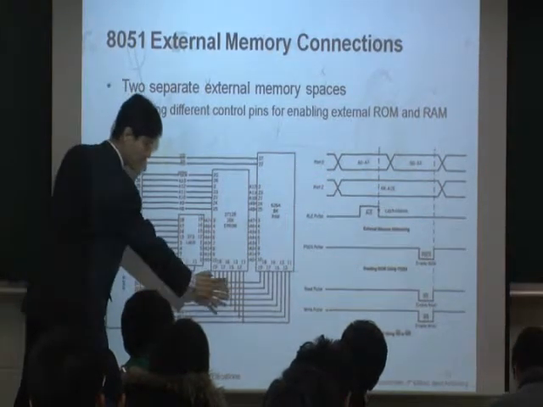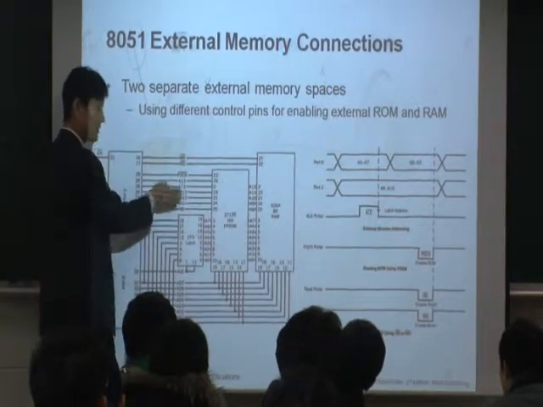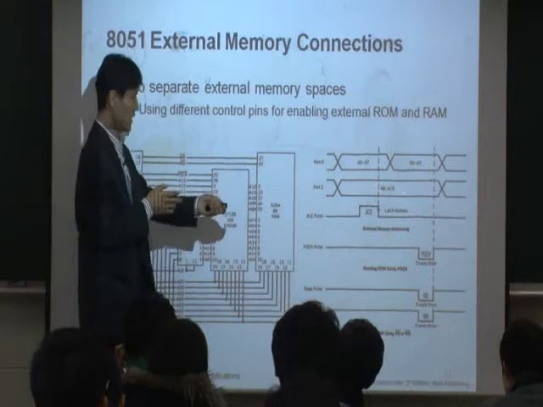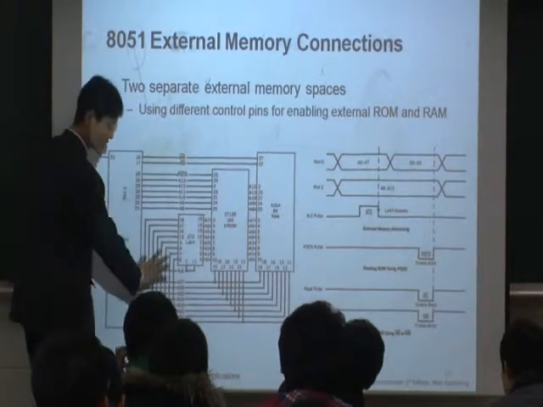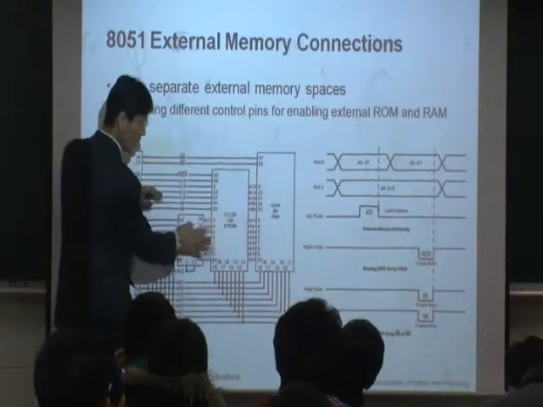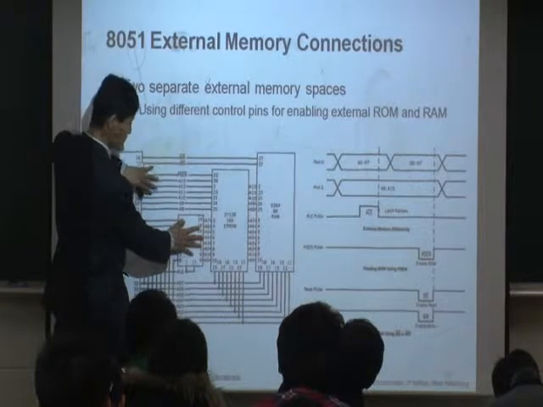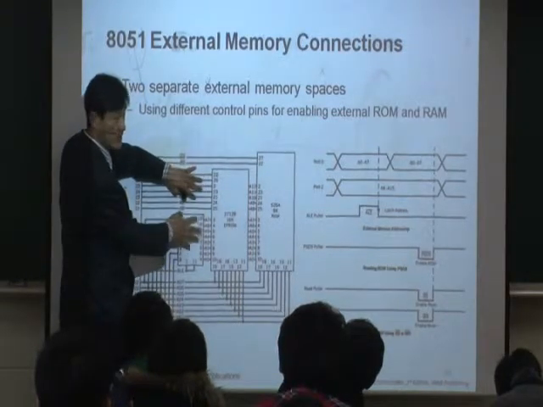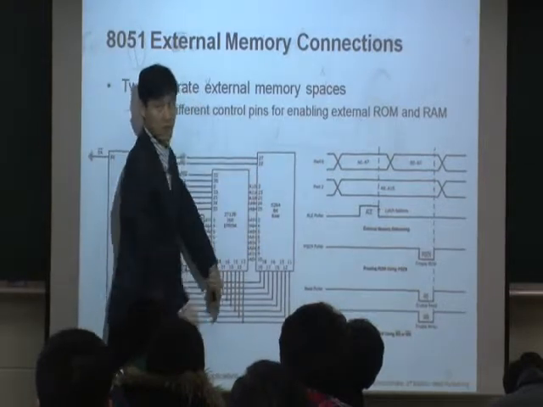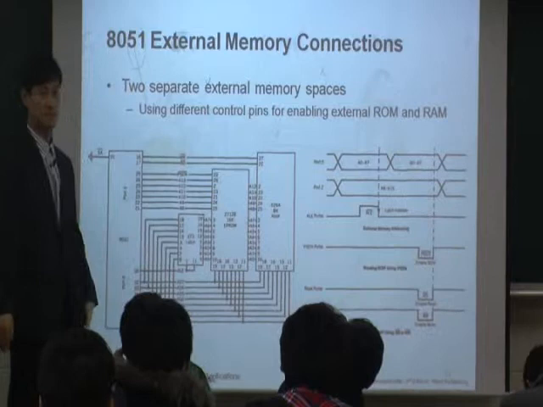But for the address, the upper 8 bits you can still send using port 2, and the lower 8 bits of the address were already here in the latch. So this one gives you the lower 8 bits of the address, and this one, you have the upper 8 bits of the address. So the 16-bit address goes from here to the memory. And this line, you go to data. Okay?